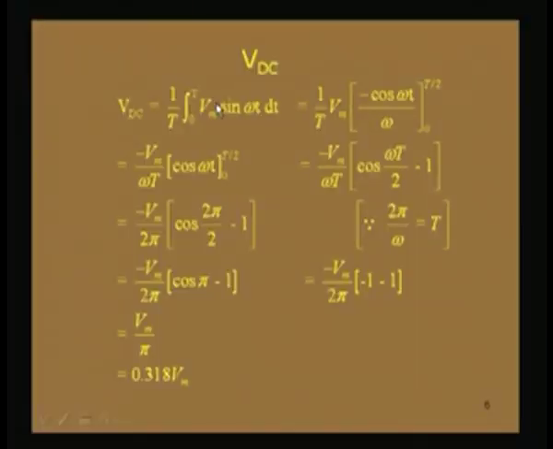In the output voltage V naught, in the analysis we have done using an ideal diode, instead of Vm we will have to put Vm minus 0.7 for silicon, or 0.3 for germanium. That drop will come within the bracket, Vm minus Vd naught.